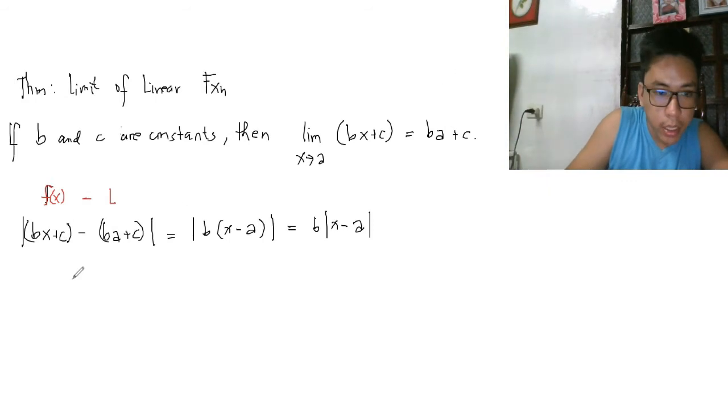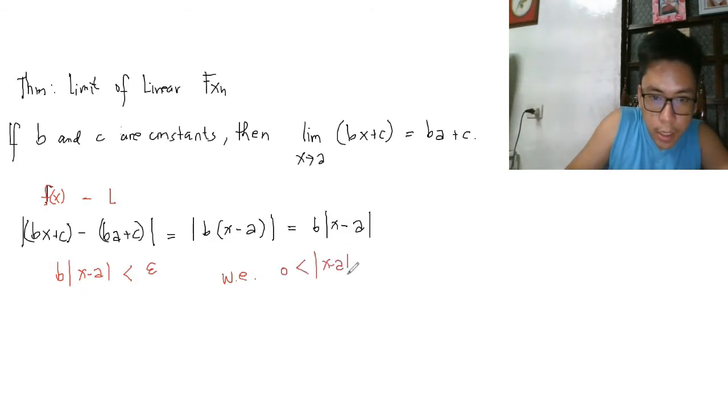In this case, our goal is for b times the absolute value of x minus a to be less than epsilon whenever 0 is less than the absolute value of x minus a, which is less than delta.